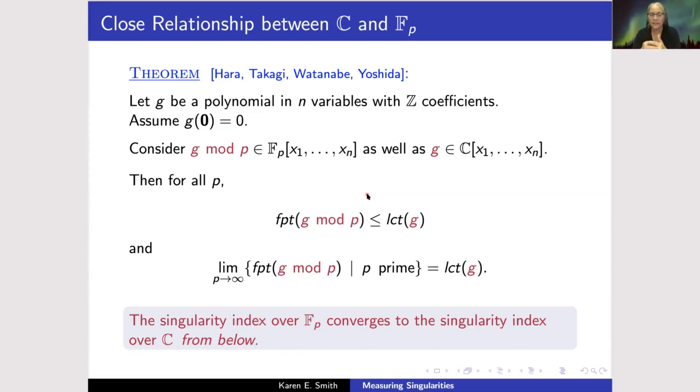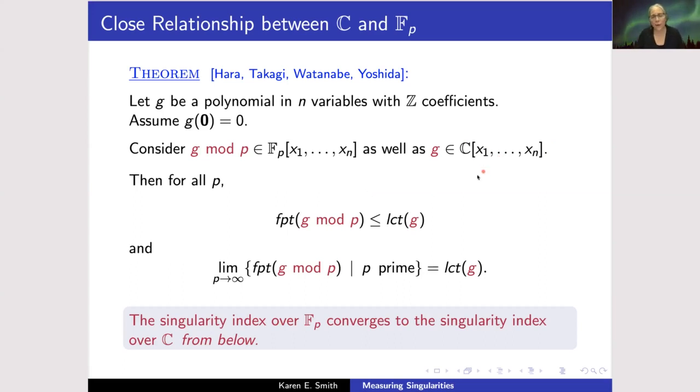And when I do that, I can compute this singularity index for all of these polynomials, all closely related, right? I could take G mod P and compute the F-pure threshold of that characteristic P polynomial, or I could compute the log canonical threshold of this complex polynomial. These are numbers that tell me how singular the hypersurface defined by G is at the point 0, at the origin.